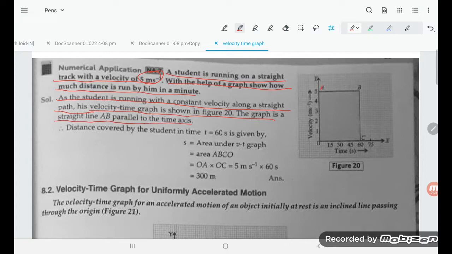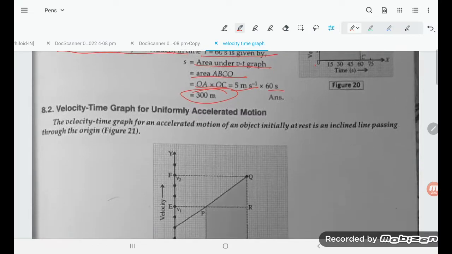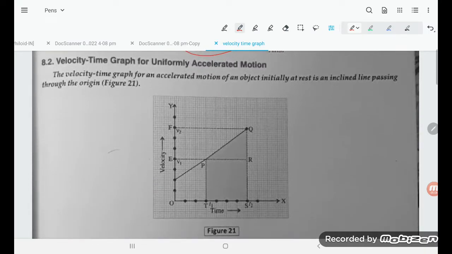This is t1, this is t2, and this is B. So the distance covered by the student in 60 seconds is the area under the v-t curve, the area of ABCD, that is OA into OC. OA is 5, so 5 into 60 is 300 meter. So this is the answer.